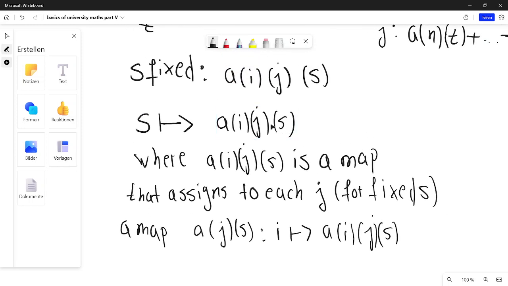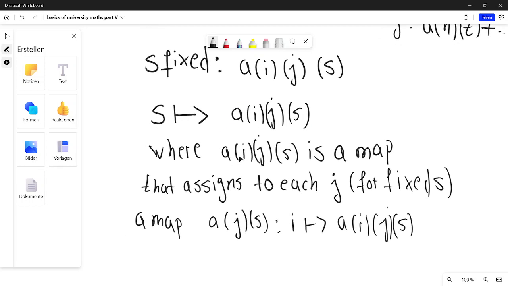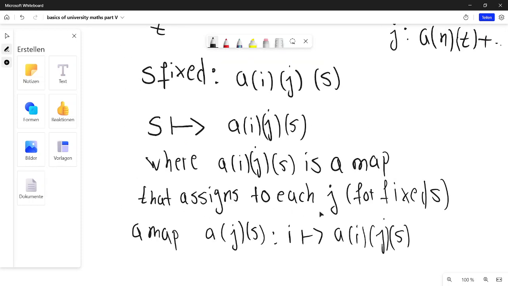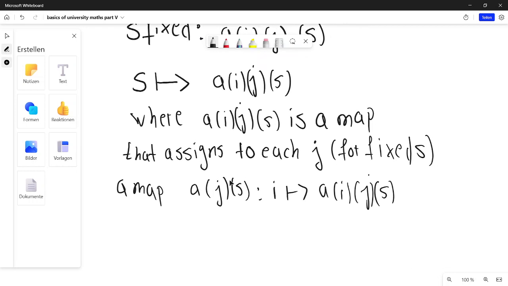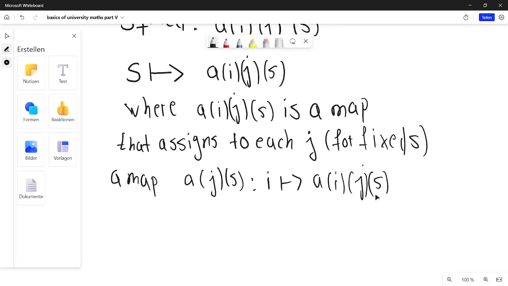And for each such S, what is happening? For each such S, we have an assignment rule that assigns to each j for this fixed S. Keep fixed S in mind. So now we are also at a certain j, and for this certain j, a map is assigned.